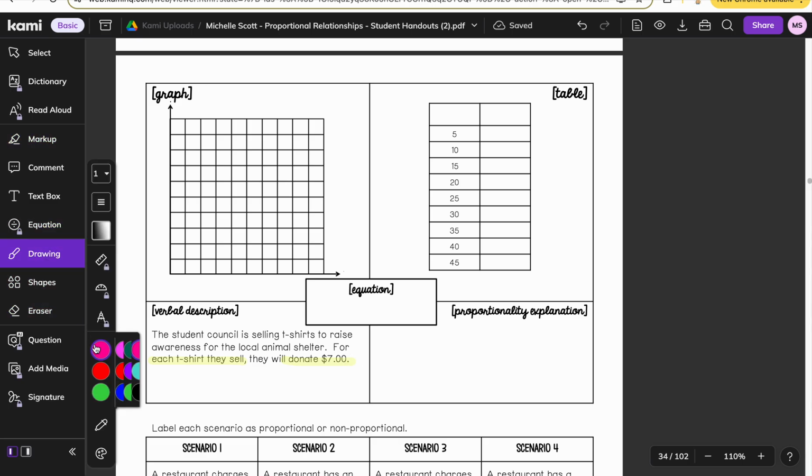So now using your table, you know that, oh, okay, this is the number of t-shirts. And then the next column is the amount of money they raised or donated. Money donated.